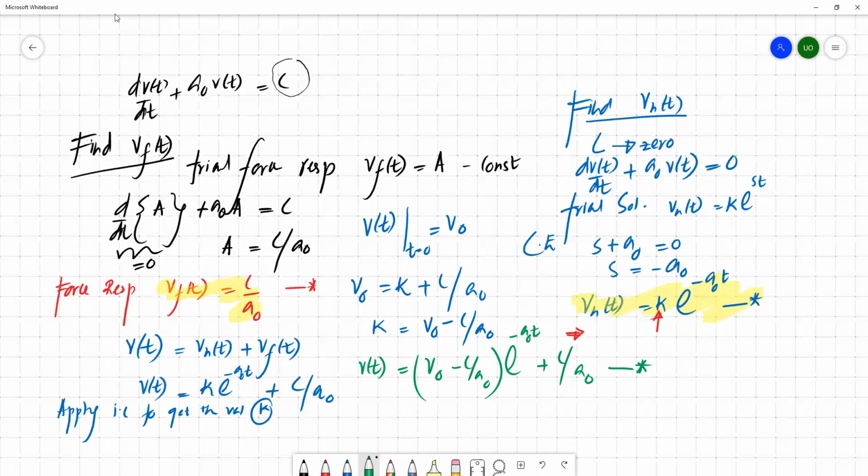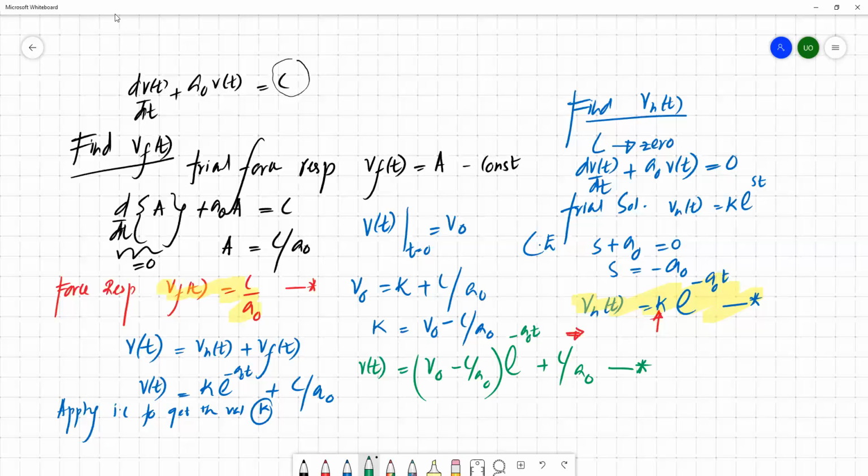Once you have external DC sources in the circuit, just apply Kirchhoff's voltage or current laws as we started previously, and get the differential equation. Basically it's a first order differential equation because we are focusing on first order circuits.